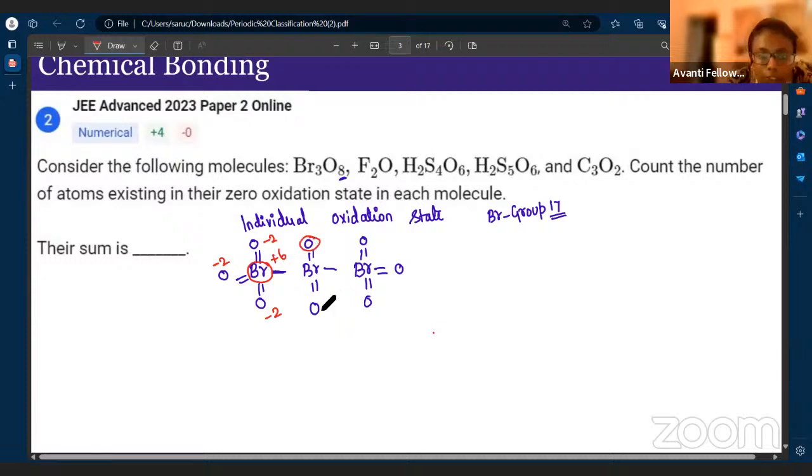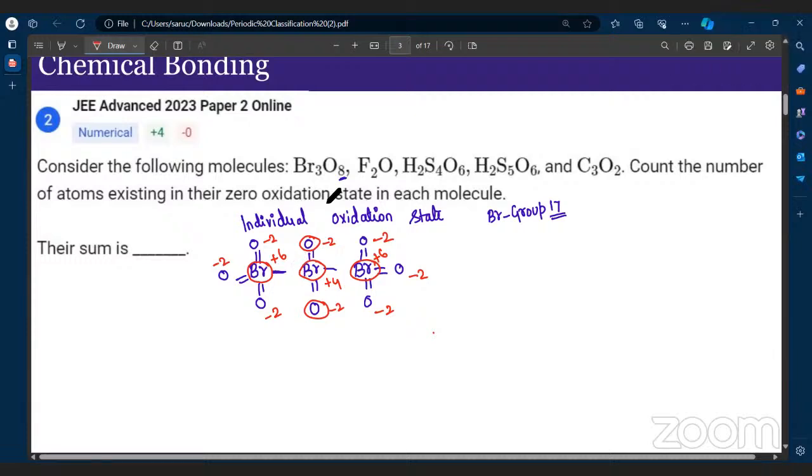Here you have 2 oxygen whose oxidation state is -2, so it is going to be +4. And here you have -2, -2, so it is going to be +6. Now does any one of the atoms have 0 oxidation state in Br3O8? No. So there is no atom with 0 oxidation state.